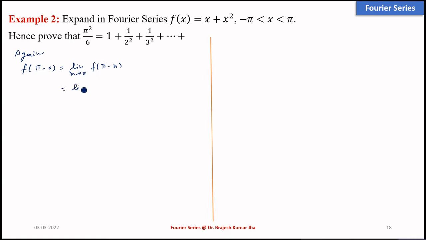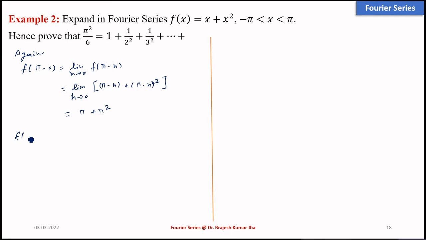So we can write the limit of h tends to 0, x is pi minus h, so it is pi minus h plus pi minus h square. Once we put the limit directly, h is equal to 0, so it is going to be pi plus pi square. I am not going into detail, so directly you can write pi plus pi square.